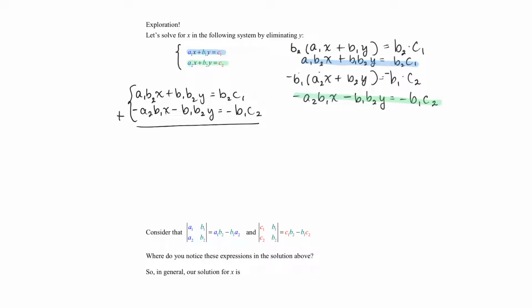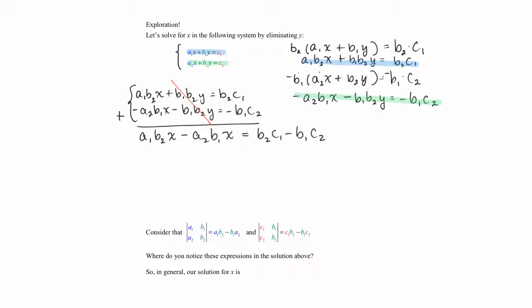And when I add, these are opposites, and so they're going to cancel out. And I'm going to end up with a sub 1 b sub 2x minus a sub 2 b sub 1x equals b sub 2 c sub 1 minus b sub 1 c sub 2.